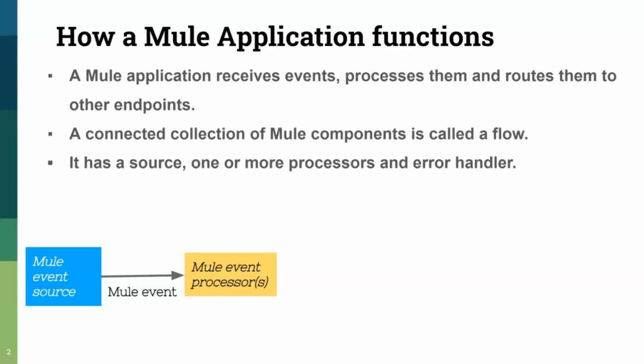Now we have a payload, and if, for example, it is reading CSV data from our laptop, we also will have attributes in the Mule event about the file, for example, the file name, its size, when it was created, when it was modified. Such things are attributes, whereas the actual data is the payload.